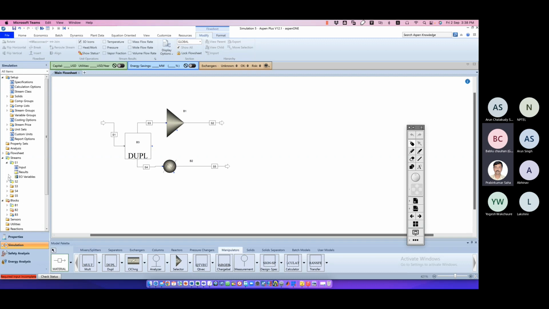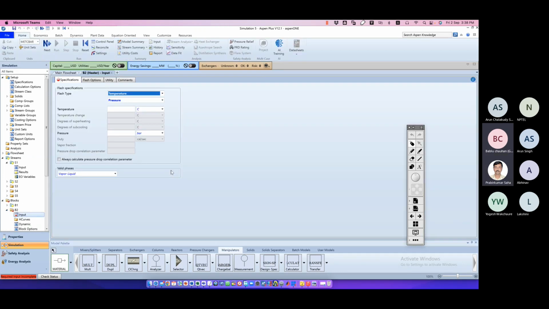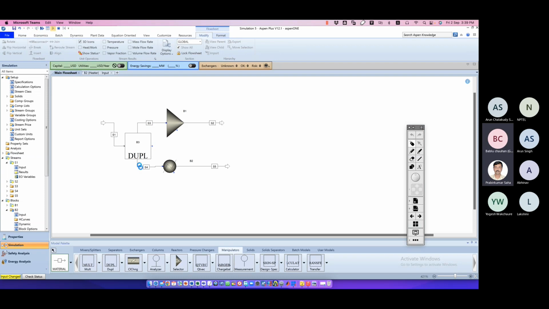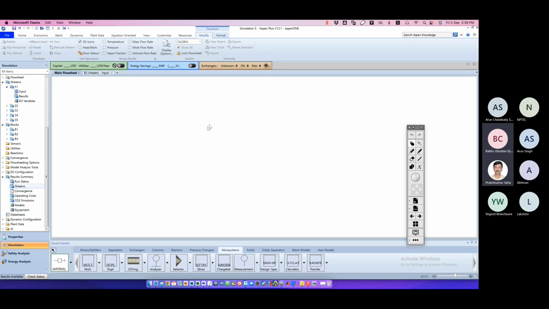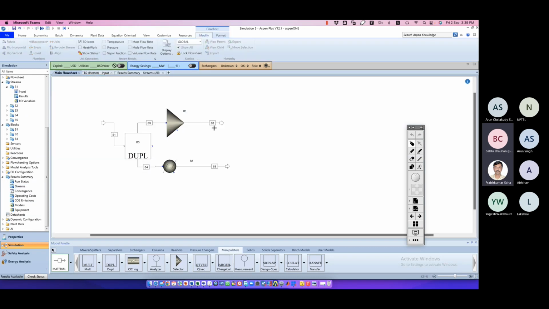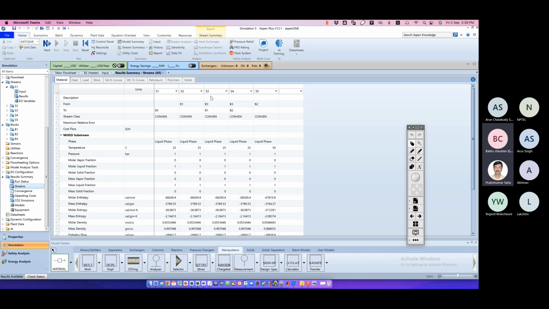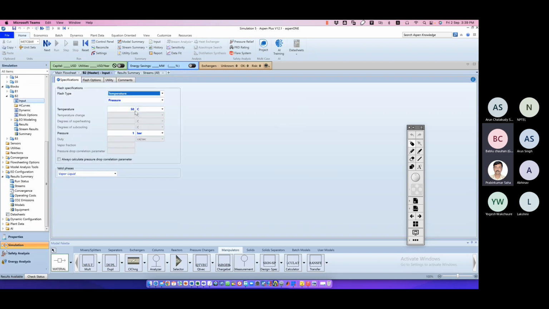Now you have to give the temperature you want, from 25 to 50. Pressure you can keep at 1 bar. And now you run the simulation once again. You will see the result in streams S2 and S5. S2 will have no change in temperature, it is just a mixer, but for S5 you have set 50, so you will get 50.